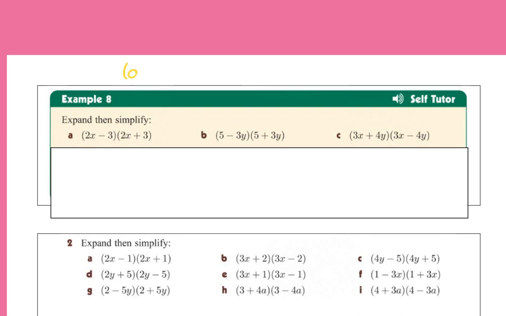Okay, so let's do some that are a little bit harder. We still know they're difference of two squares because they have the same pairs, 2x 3, 2x 3, and one's minus and one's plus. So there's my A, there's my B. I'm going to have A squared minus B squared.